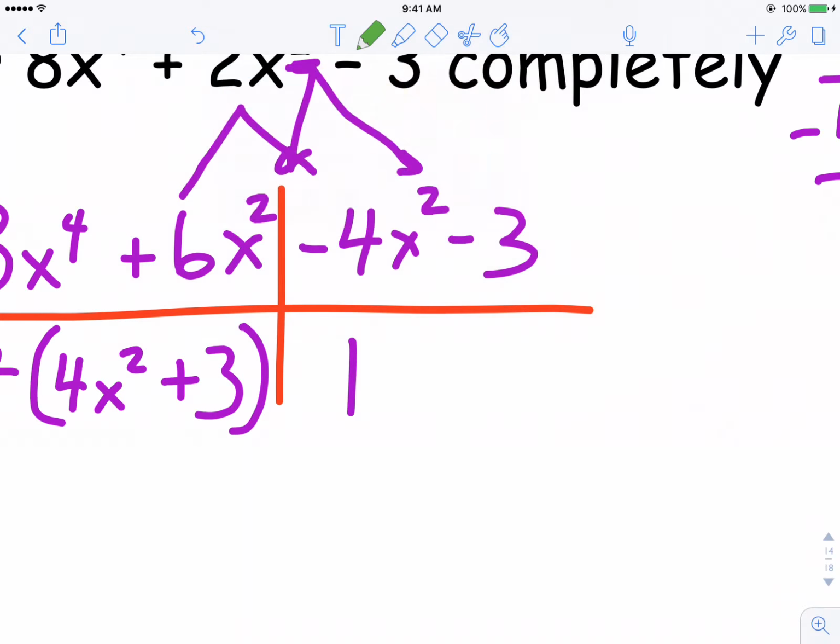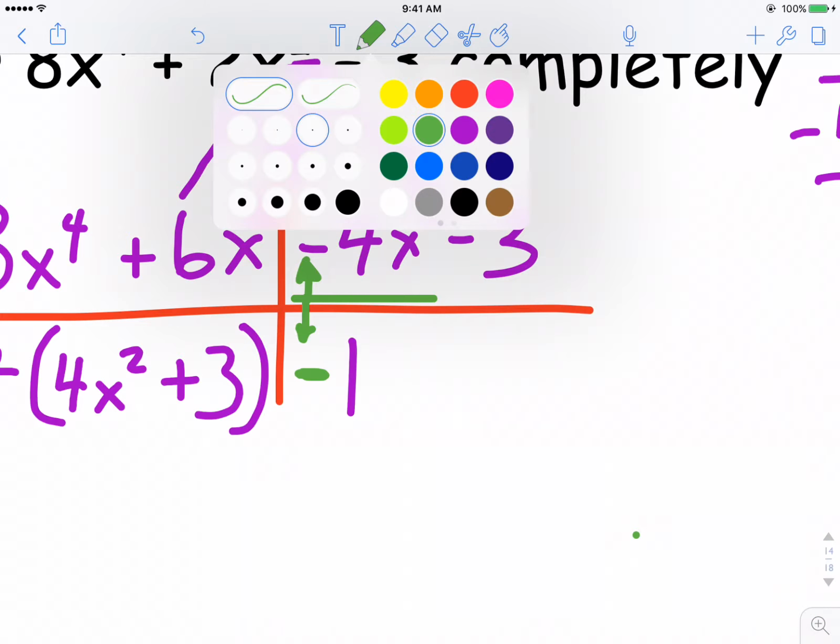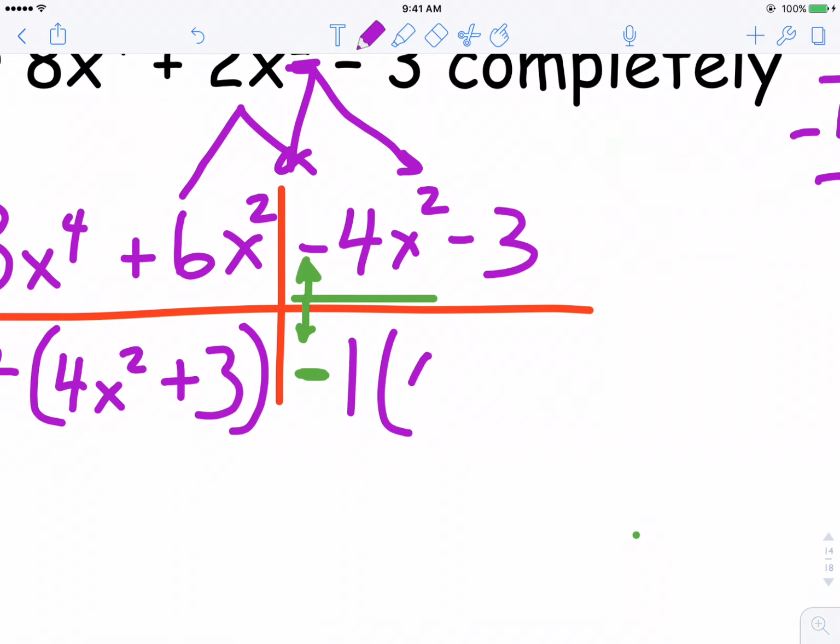If ever this term here is negative, 99% of the time you need to factor out a negative. Okay, so if I factor out a negative 1, negative 4x squared divided by negative 1 gives me positive 4x squared.